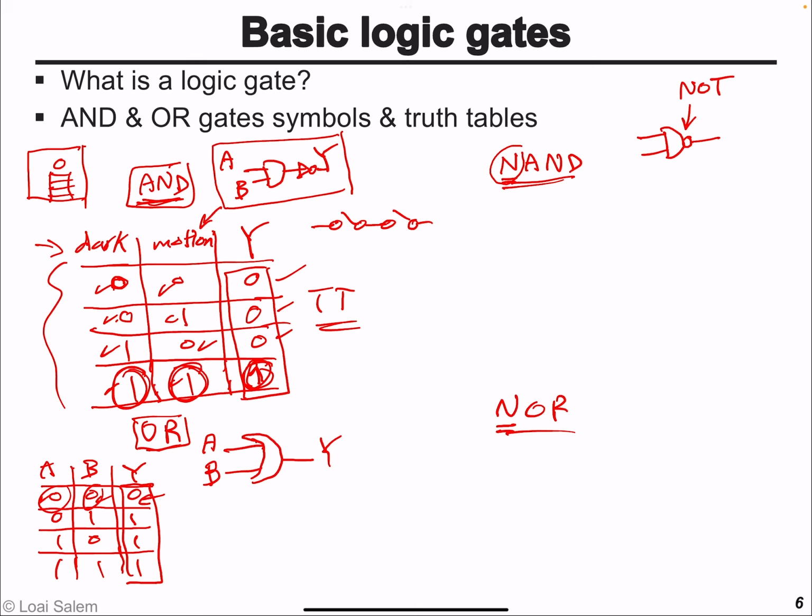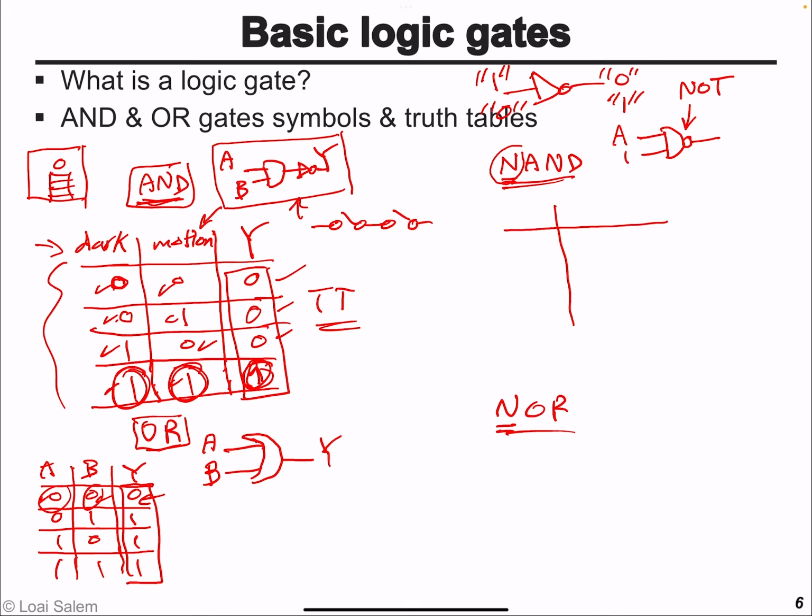An inverter, if the input is logic 1, will produce 0. If the input is 0, it will produce 1. It just inverts the input, as the name suggests. So the NAND, as I mentioned, is just an AND gate followed by an inverter or a NOT gate.